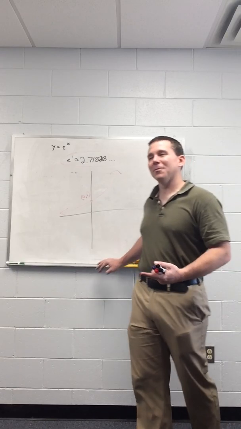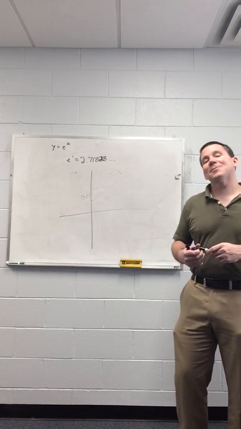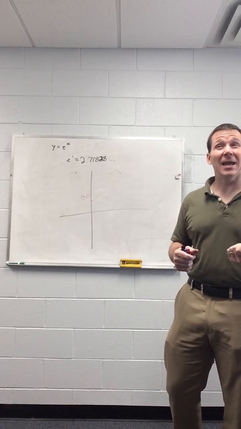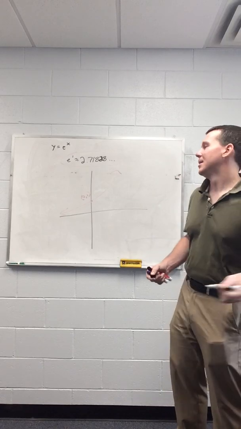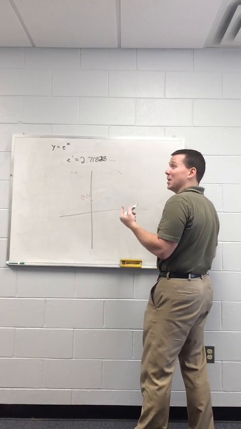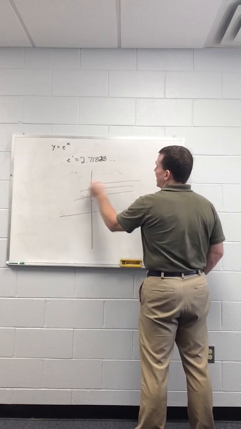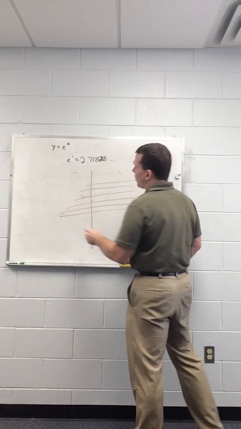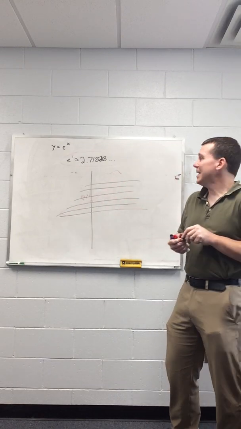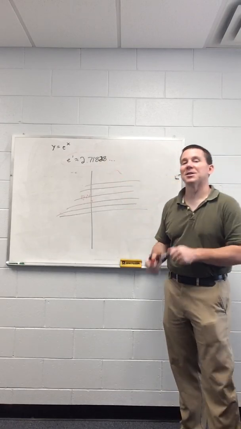The last thing I'll point out for you guys to kind of think about and ponder as we start working through this. In the last video, we were talking about one-to-one functions and inverses and how to find them. And if we look at the graph just right here, we said to determine if something is one-to-one, we use the horizontal line test. If I do it here, a horizontal line will only touch that graph once, which means exponential functions are all one-to-one functions.